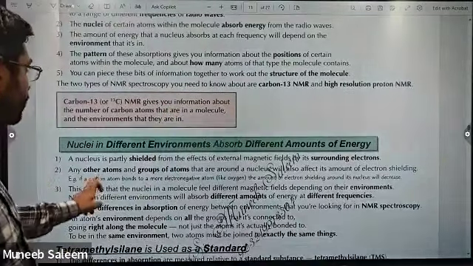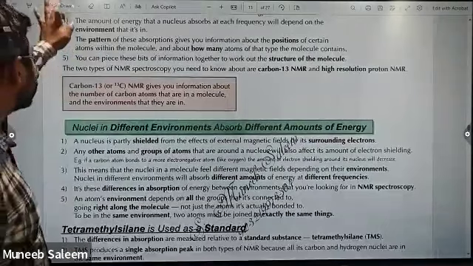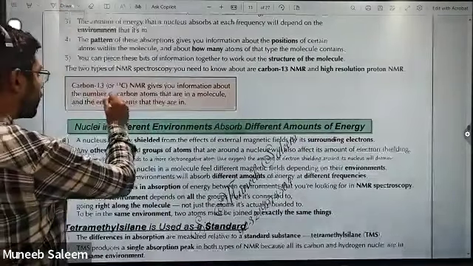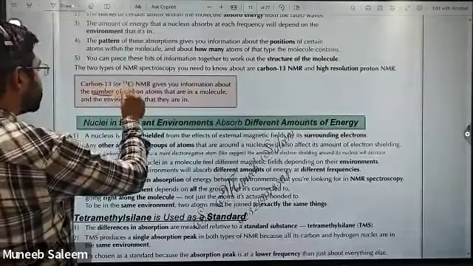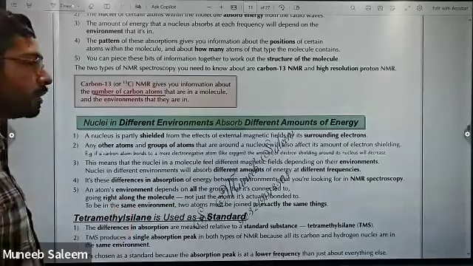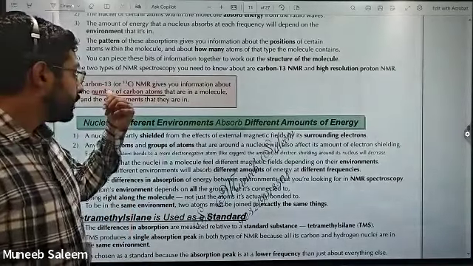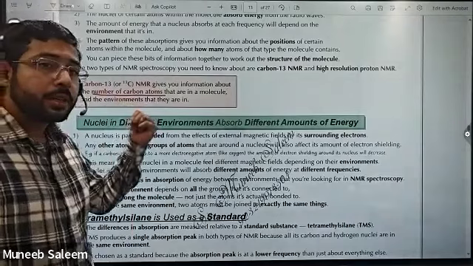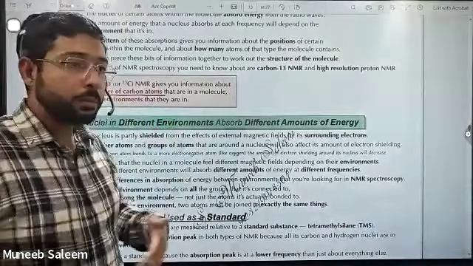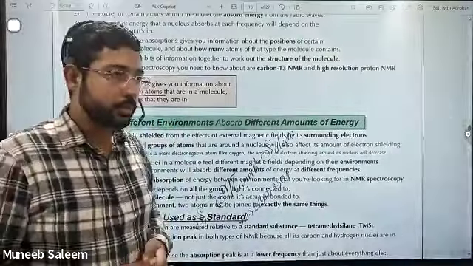Carbon-13 NMR is going to be discussed here, and that will give you the number of carbon atoms present within the structure, within the molecule, within the compound. The peak values of carbon-13 NMR will indicate how many carbon atoms are there within the compound.